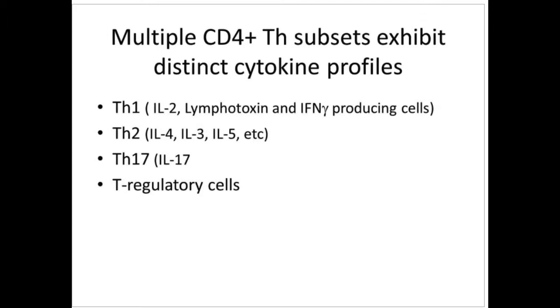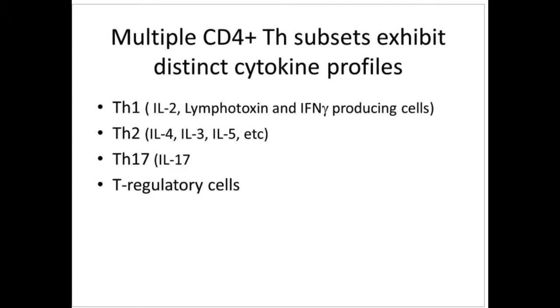There are multiple CD4 Th subsets, and they all exhibit distinct cytokine profiles. For instance, Th1 produces interleukin-2, lymphotoxin and interferon gamma. Interleukin-2 is generally a growth factor for T cells, and they can drive proliferation of any number of CD4 and CD8 T cells. The Th2 phenotype produces the cytokines interleukin-4, interleukin-3, and interleukin-5.